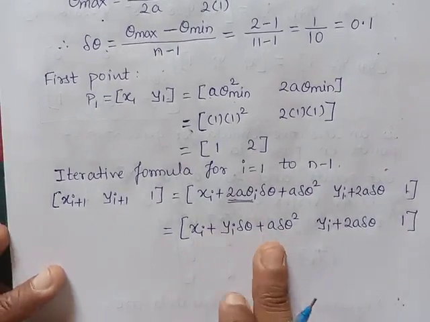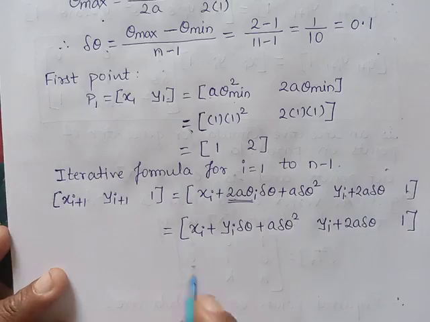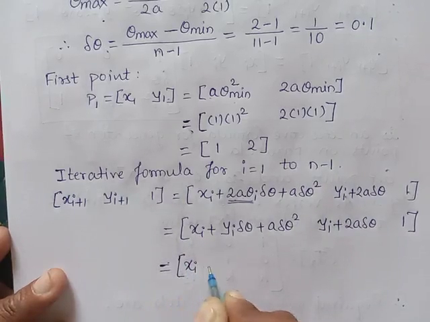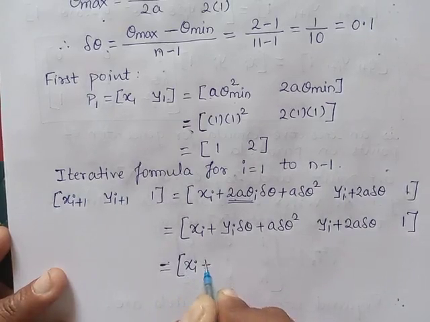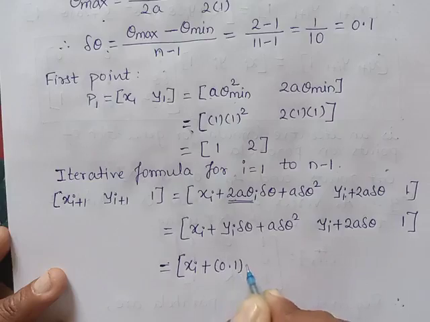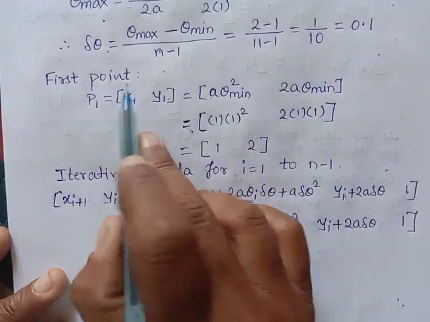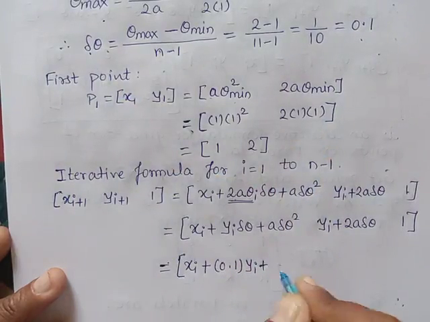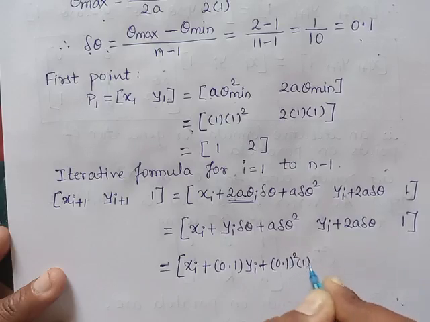Now let me put the values of delta theta and a here. So what we get? We will get x i plus 0.1 y i, because delta theta is 0.1 here, plus 0.1 square into 1.